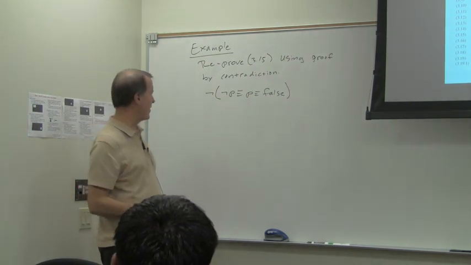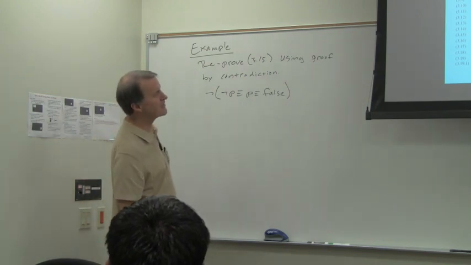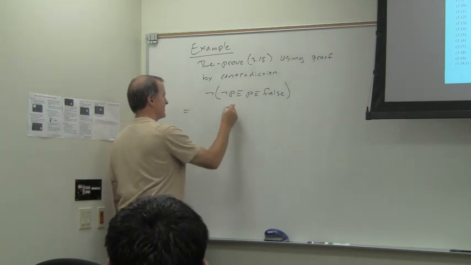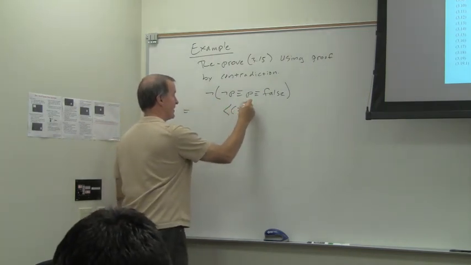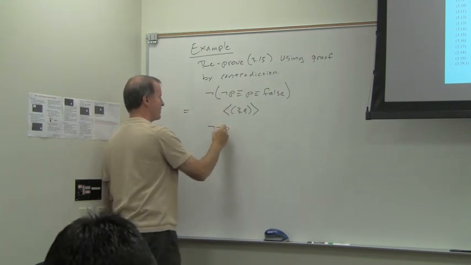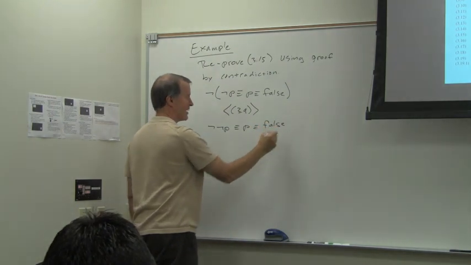To whichever one we want. Obviously, which one do we want? The first one. And which theorem is that? 3.9. So equals, by 3.9, this not will go in front of here and we'll have not P equivals false. Are we good?